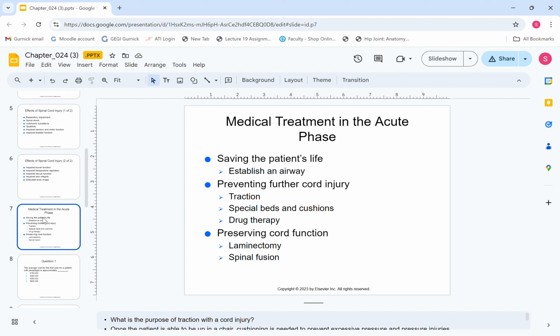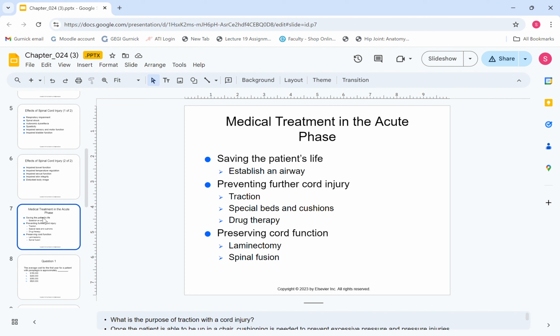Now, the most often steroid used is called methylprednisolone. All right, and it's going to reduce the inflammation. All right, so that's part of our preventing further cord injury, okay, giving methylprednisolone or some other steroid, okay, and keeping the spine very still and straight.